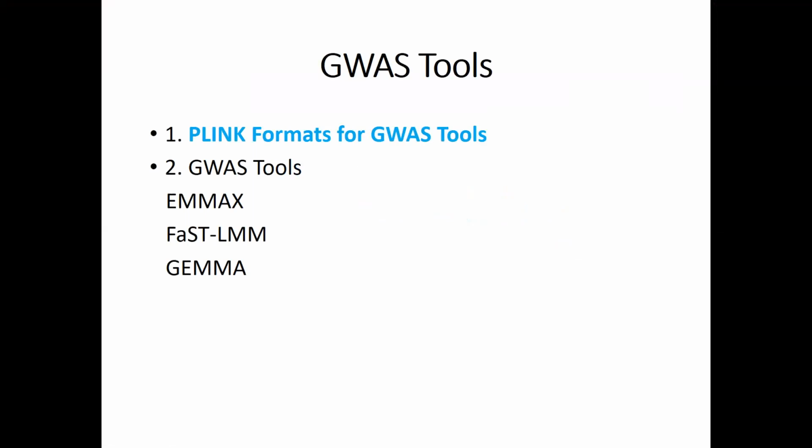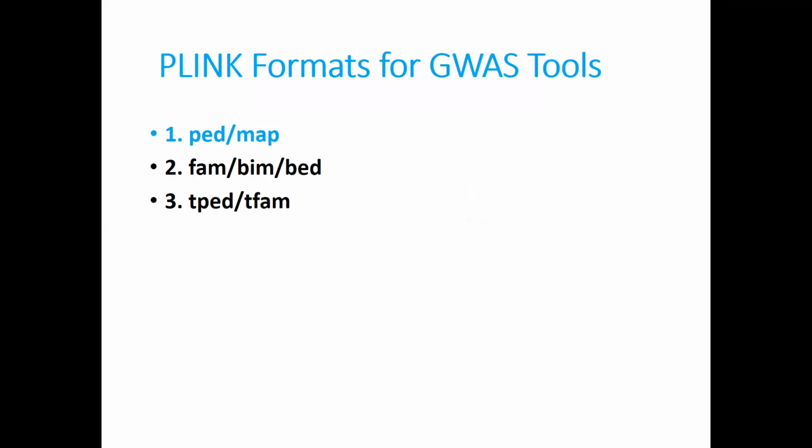Hi everyone. Today I will introduce the widely used tools for genome-wide association studies. My presentation includes two parts: PLINK formats and the GWAS tools. PLINK formats are widely used in GWAS analysis.